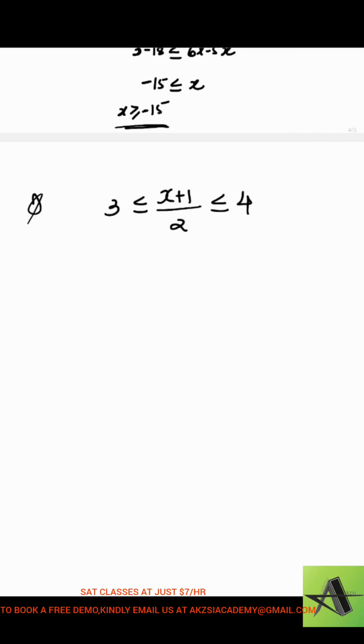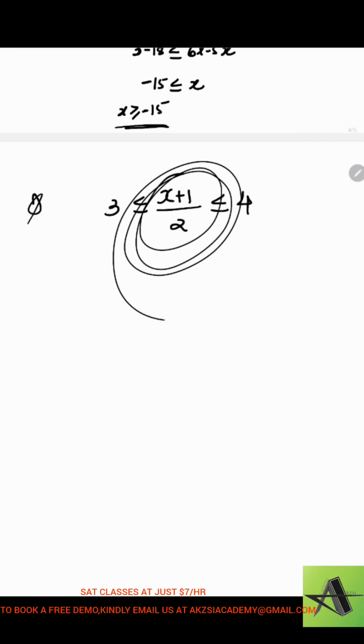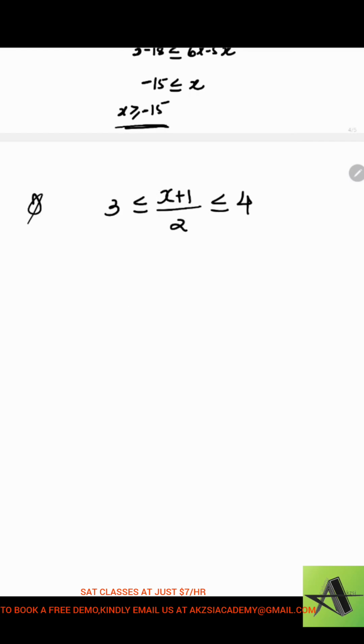In the previous question, we have seen that whatever you are doing on the left hand side, you have to do on the right hand side. Similarly here, whatever you are doing on one side, you have to do on all three parts. So in order to isolate x, I need to multiply this with 2.